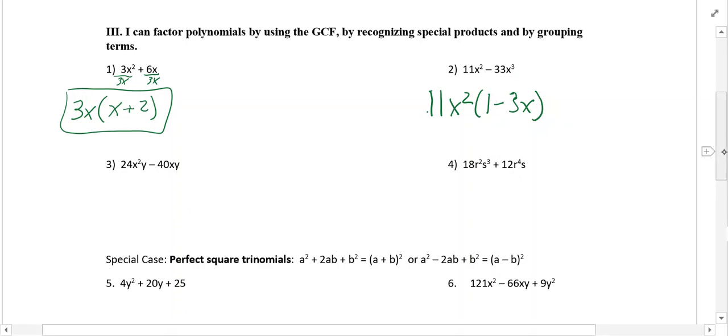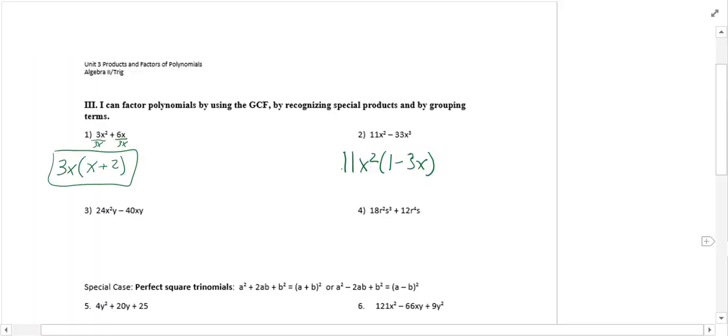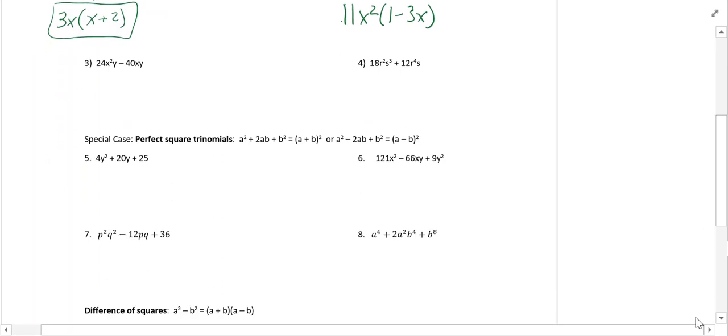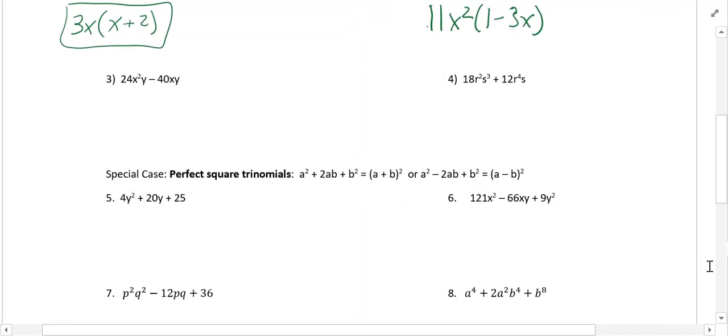Okay, so let's go ahead to number 3. For number 3, we want to ask, what is the greatest common factor? Here the greatest common factor would be 8xy.